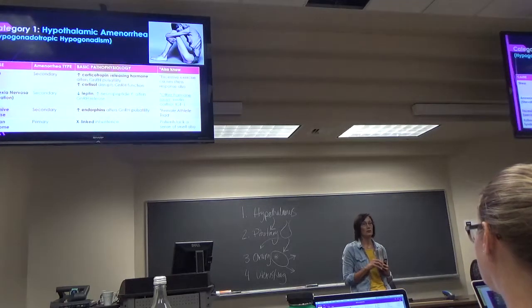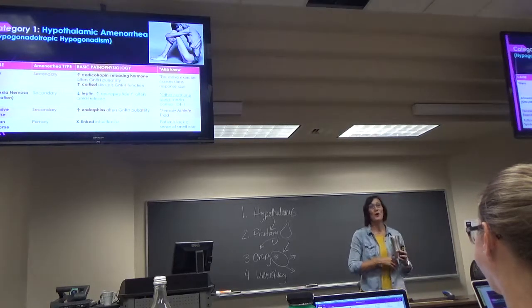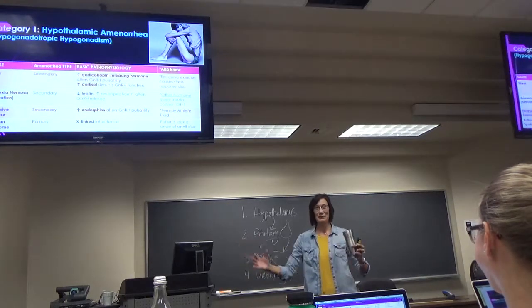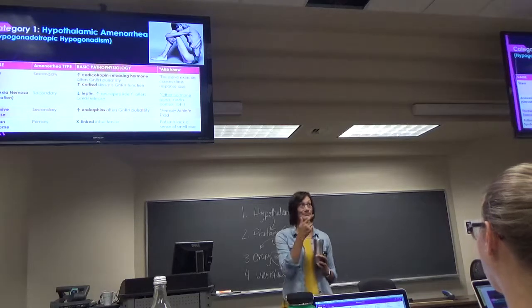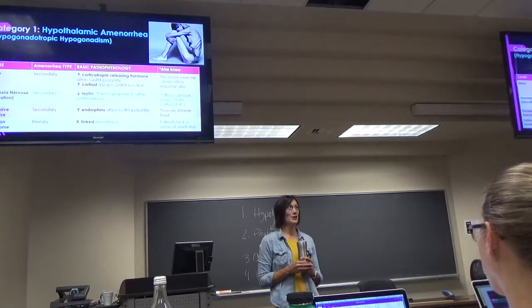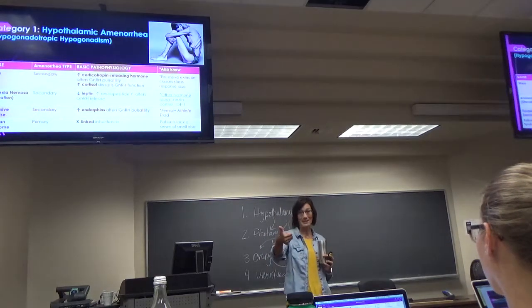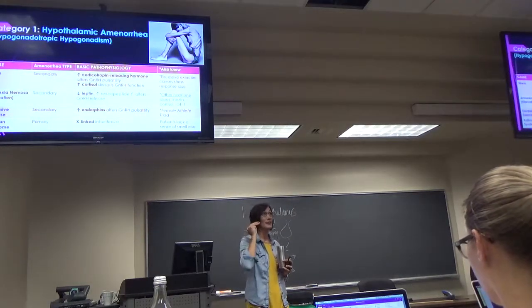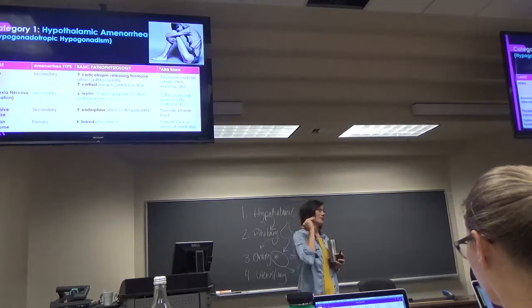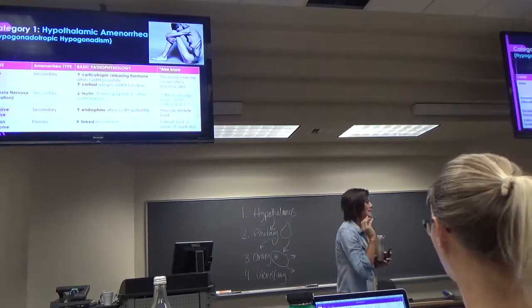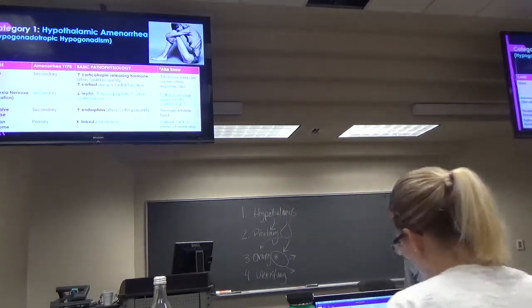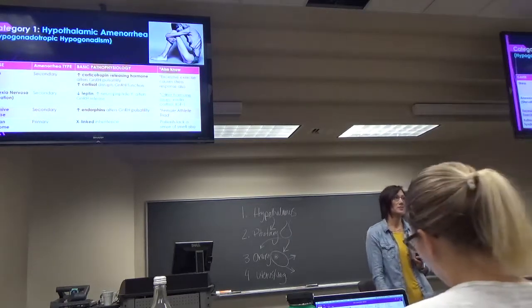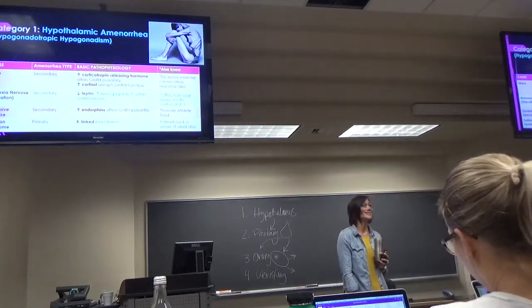Most of what you're going to see, this is all fun to work up, right? You've gone through this whole thing and everything's been negative. Guess what it is? It's hypothalamic, so it's weight, starving themselves, super stressed out. Typically anorexia, not bulimia, or just a state of starvation, will do this. Excessive exercise.